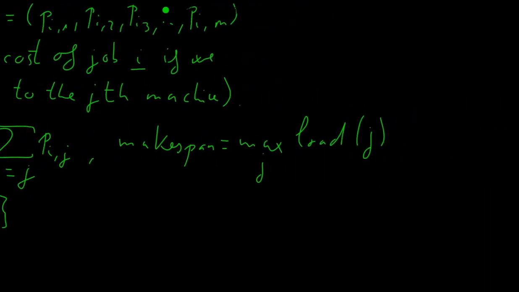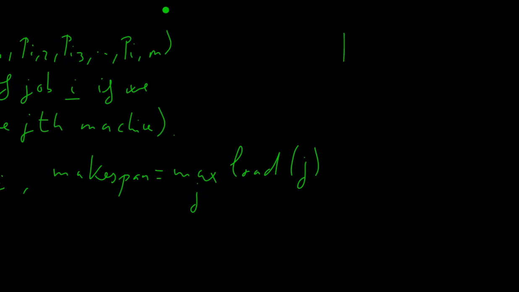Let's see an example. If we have, say, 3 jobs, 3 machines, and we have an input sequence as follows. Since m is 3, I have to describe a job by a triple, so first it's 1, 2, 3.